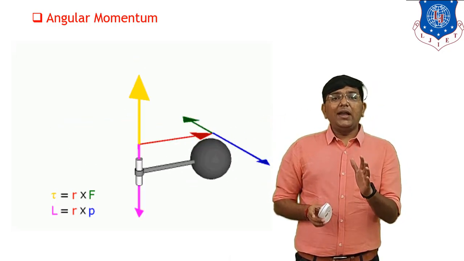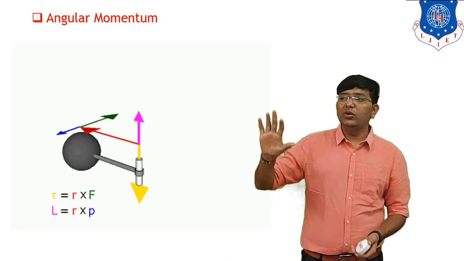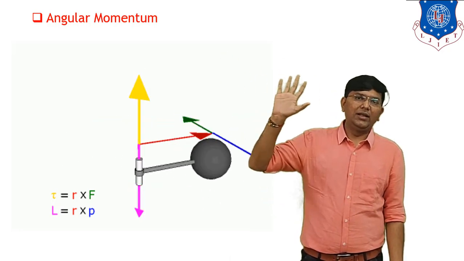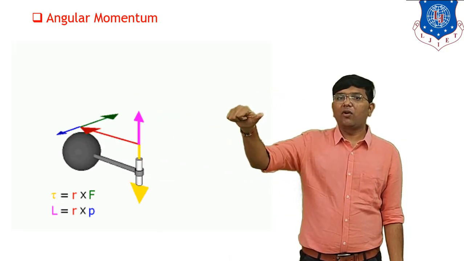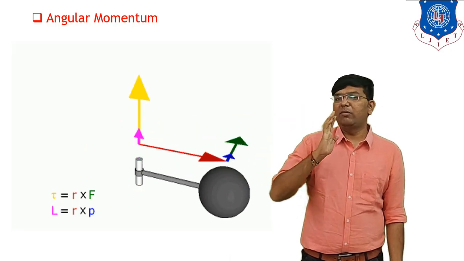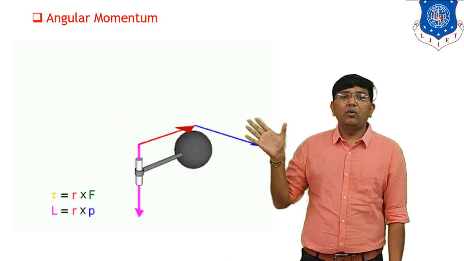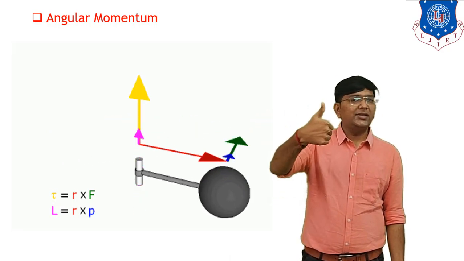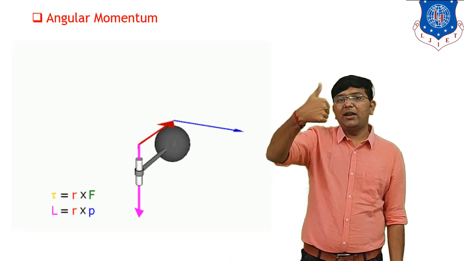Now to find out the direction of the angular momentum, you have to use the right hand thumb rule. If you put your fingers in the direction of rotation, at that time the thumb indicates the direction of the momentum. So you see in this figure, if you put your fingers in clockwise direction, at that time the direction of momentum is in upward direction.